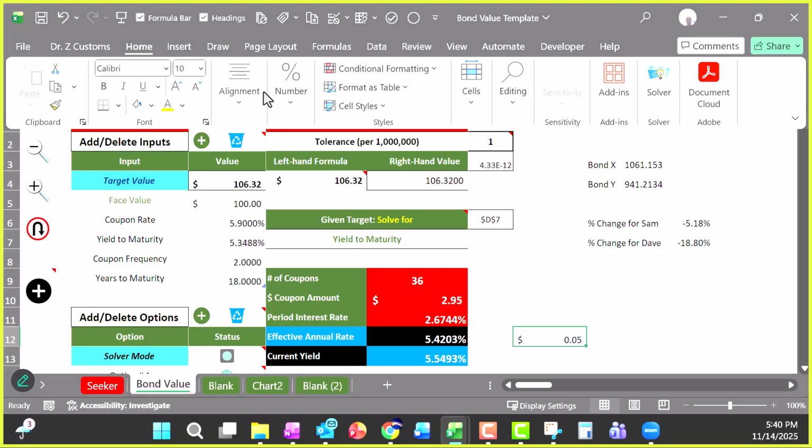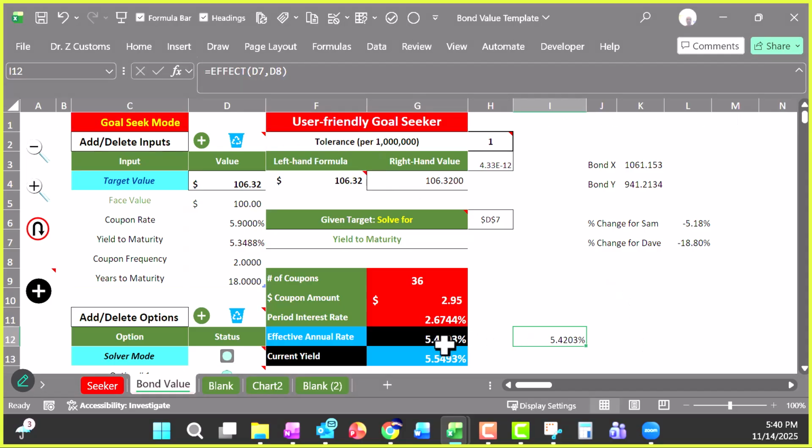Of course, if I express it as percentage, unless I'm horribly wrong, I should get the same answer. But the important thing is this template automatically calculates the current yield and the effective annual rate once you know what the yield to maturity is.